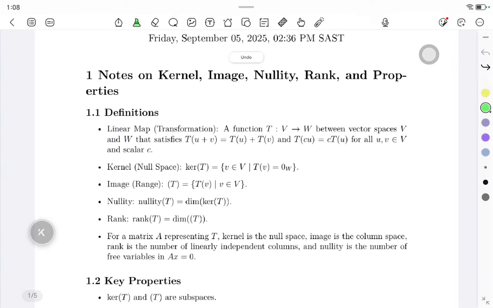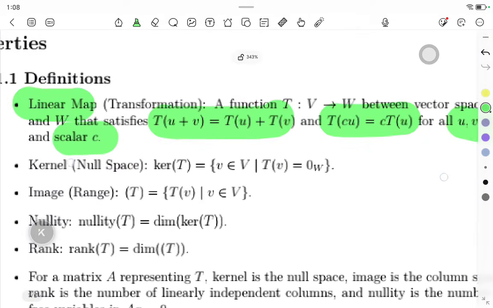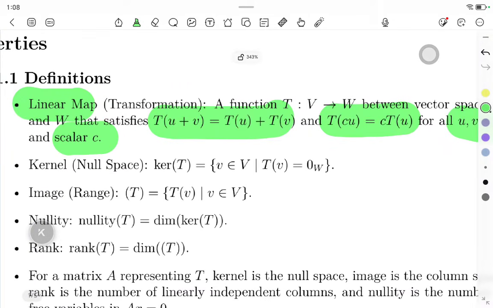If we check here, we are told that a linear map, or a linear transformation, is a function T from V to W, between two vector spaces V and W, that satisfies these two conditions, for all these and some scalar C. We can say a scalar C, an element of F, if we're looking at this over some field F.